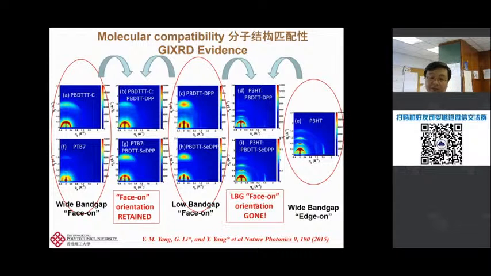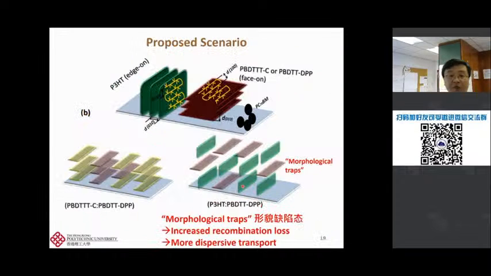If they are not compatible, they do not give you a good orientation. With that, we propose a scenario that these are morphological traps that are strongly related to your molecular packing and orientation.